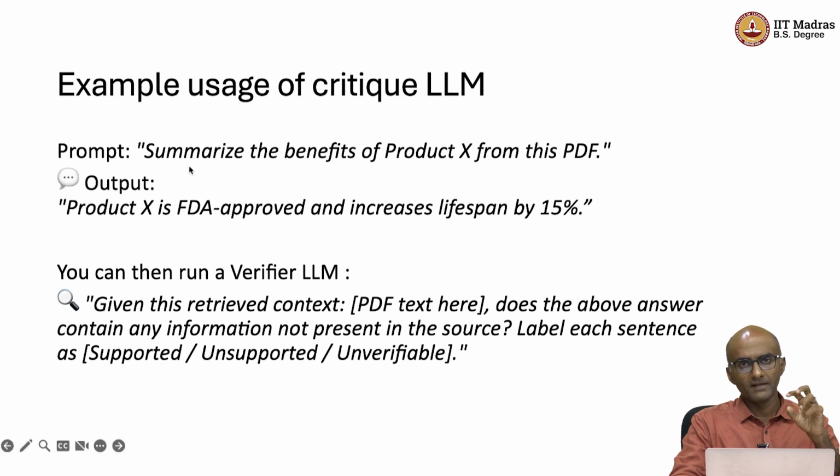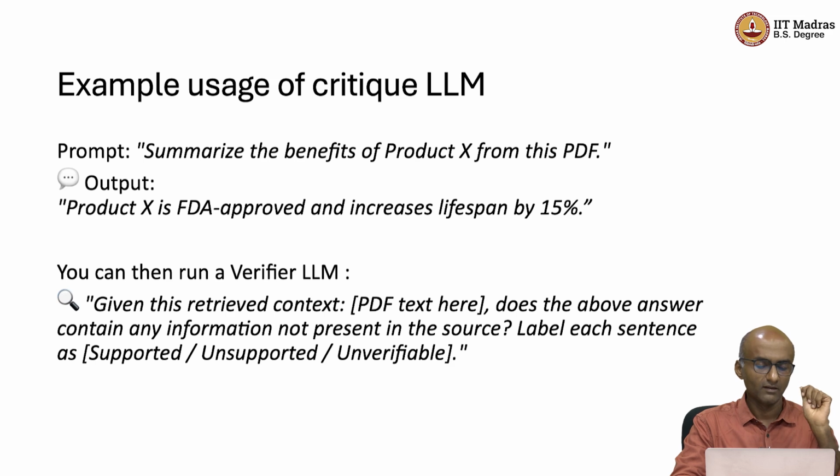Now, when the response comes from that LLM, the LLM says, okay, product X is FDA approved, right? And it increases lifespan by 15%, like whatever that means. How do you know that this is correct? So here you can use a verifier LLM, and that verifier LLM is given the same context, which means it's given that PDF, right, in the context window.